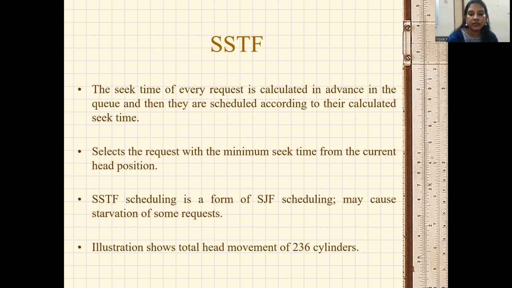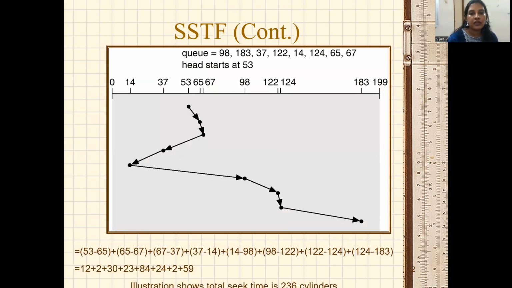So we have another example. Here you have the same illustration from 0 to 199. Since it is shortest seek time, you take 53, which is your head start. You try to find which is closer, that is the shortest seek time. 53 is near to 65, so I go for 53 minus 65, and now the head start is 65. 65 minus what am I close enough to? 67.